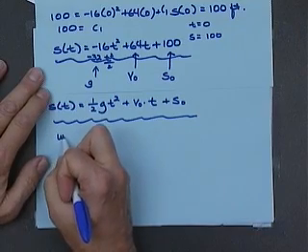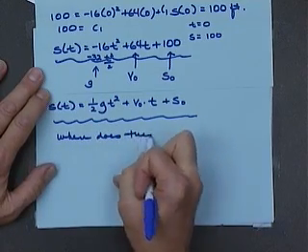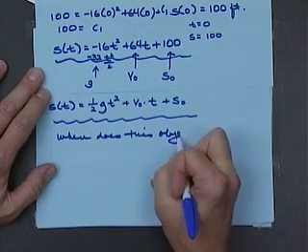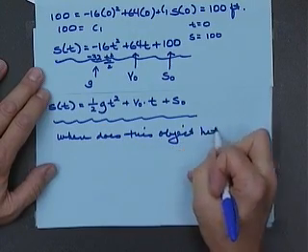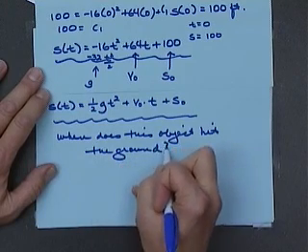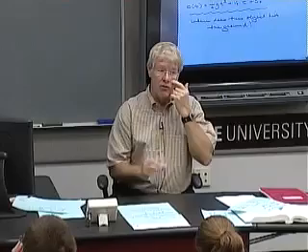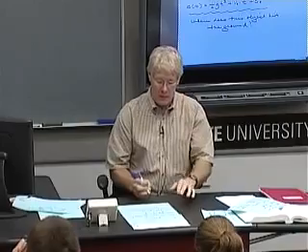All right, let's suppose we want to answer this question. When does this object, whatever it is, hit the ground? Do we now have the ability to answer that from our final answer? Yes.